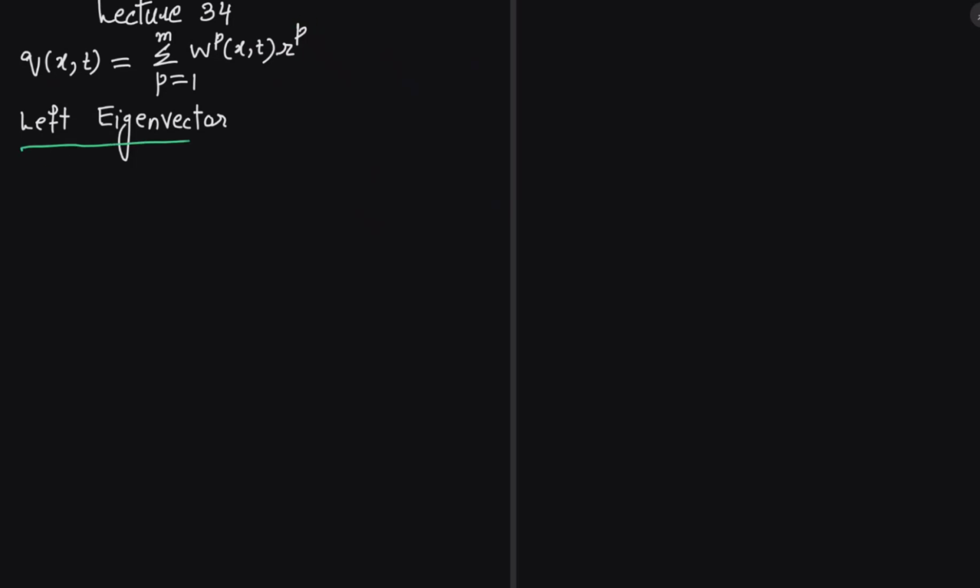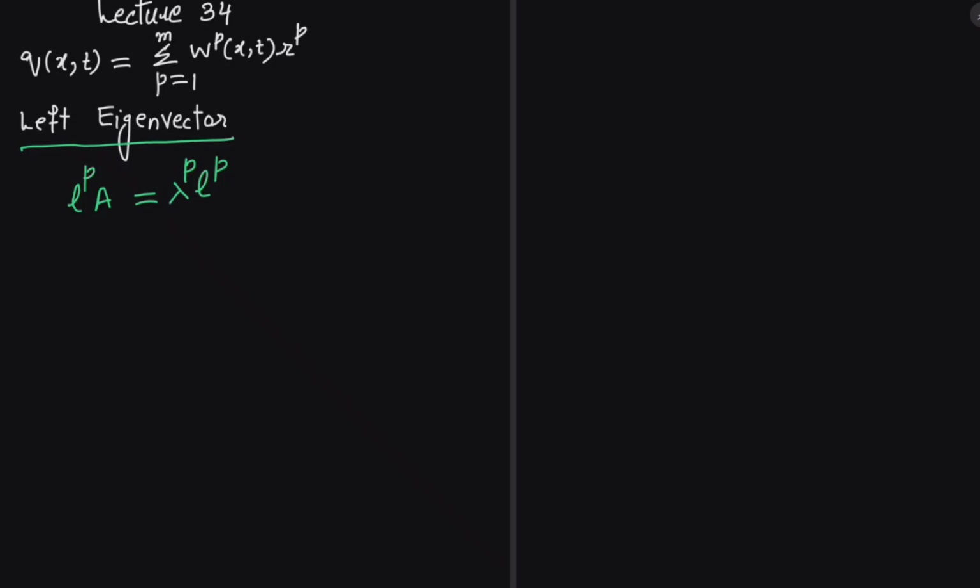For a left eigenvector, we have l_p A = λ_p l_p. That's what we have for a left eigenvector.